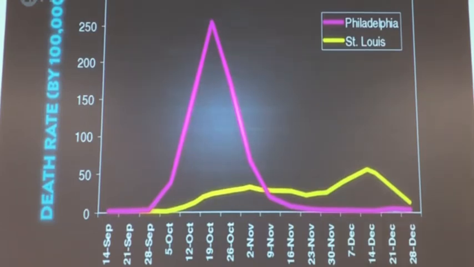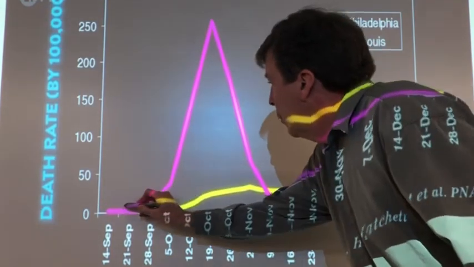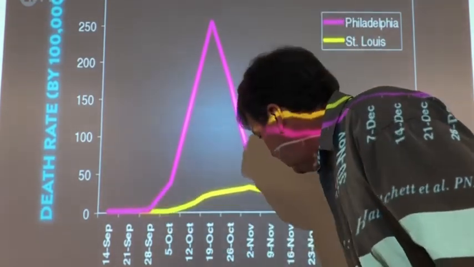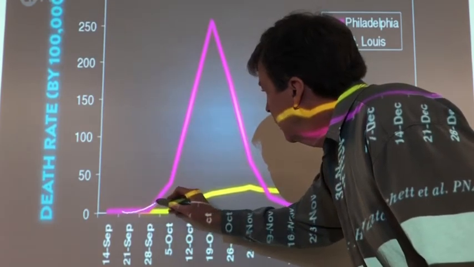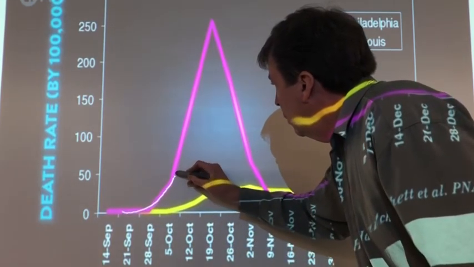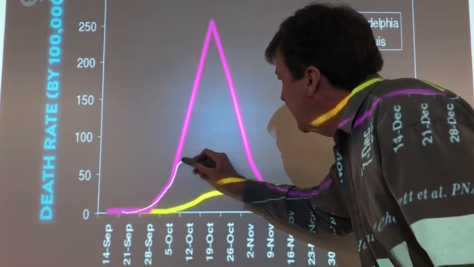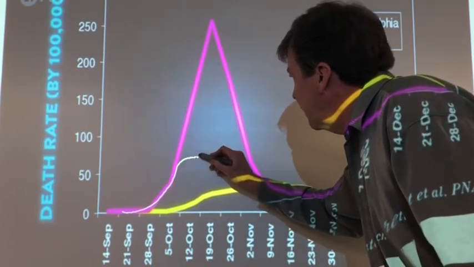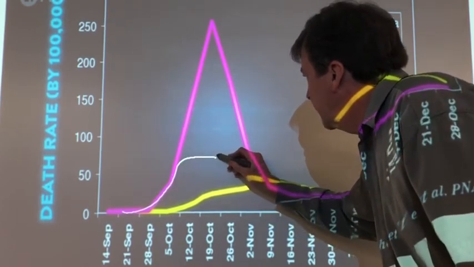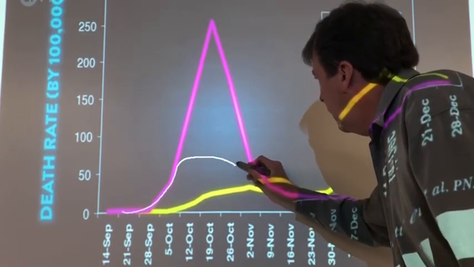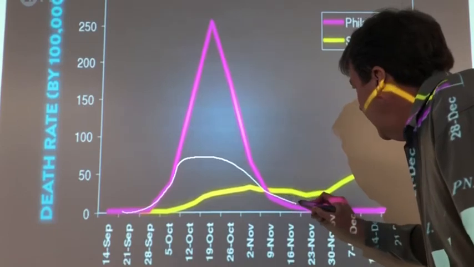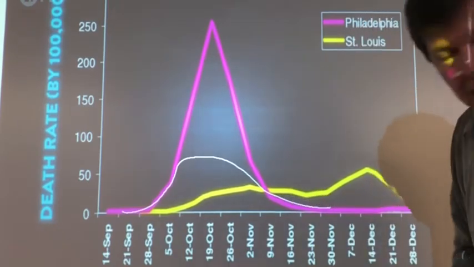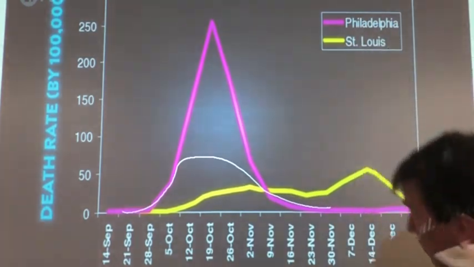So we've got this exponential increase here. We're at the exponential phase, and the idea is to flatten the curve by this social distancing, hopefully bringing that down to obtainable, or manageable, levels.